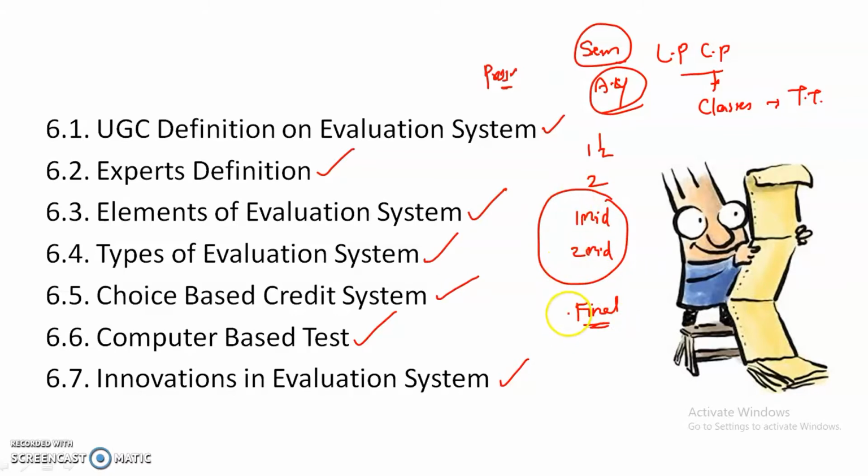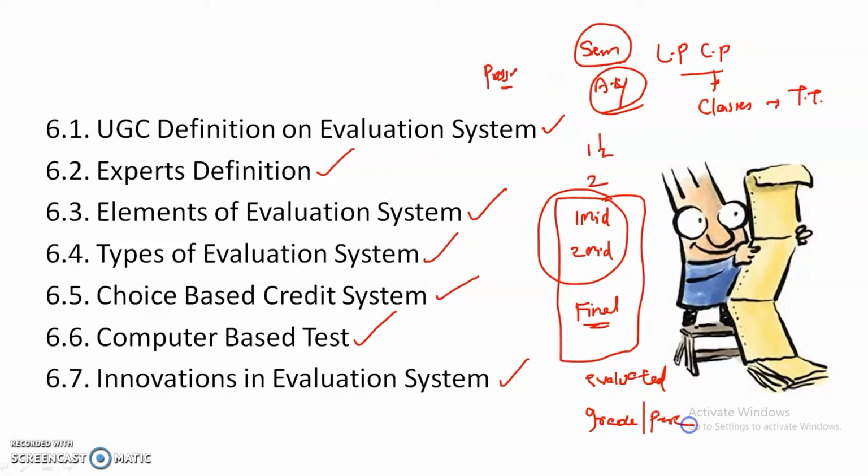After conducting all the exams through the entire semester, all these marks are evaluated to fix the grade or the percentage for the particular candidate or student. Whatever teaching we discussed in the previous topics, this conducting of exams and final exams, and the evaluation, of course evaluation has different methods.